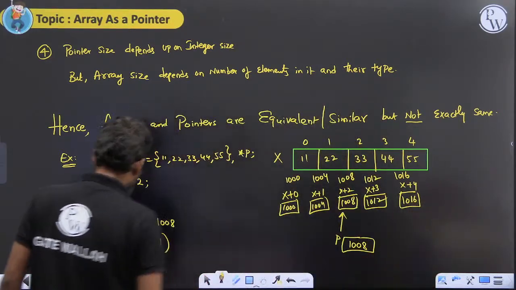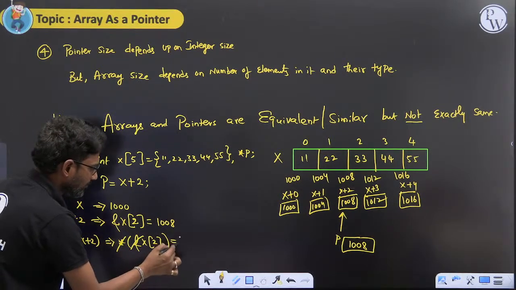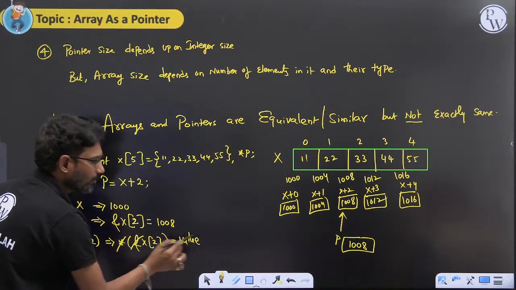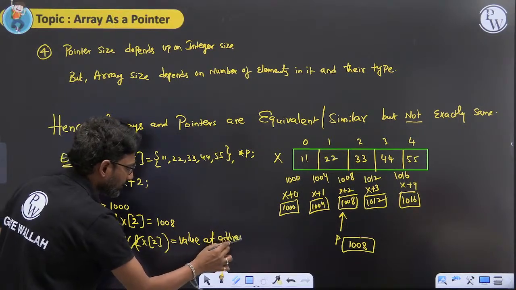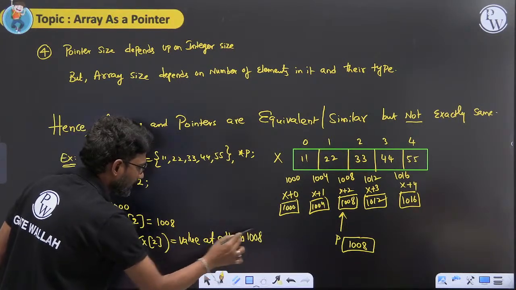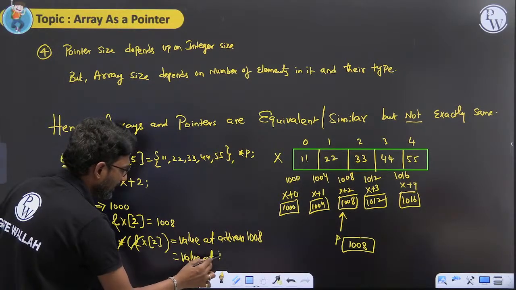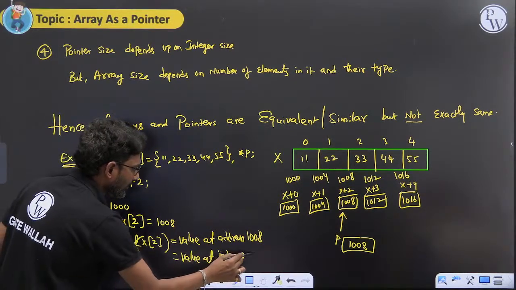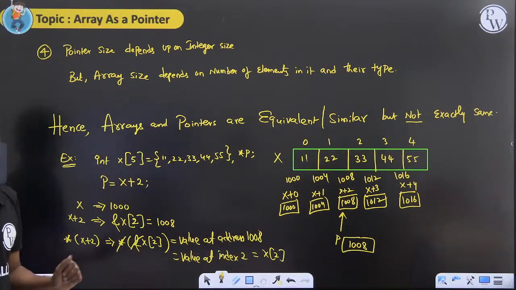So what are you getting? Value at address 1008, that is nothing but value at index 2, that is nothing but x[2]. Right.